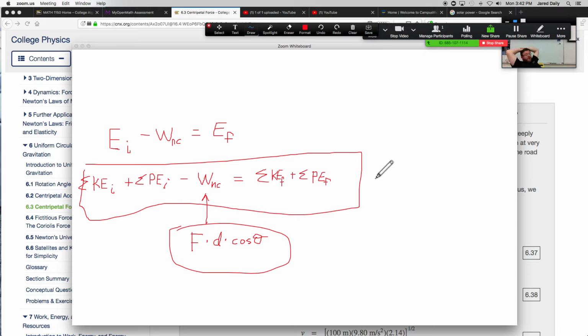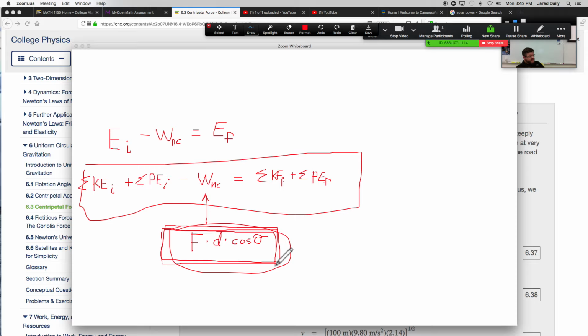Now, when it comes to work, remember that this equation is always valid. For work, what is the cosine of 90 degrees? Zero. So if your force is going one way, if you're getting pulled in one direction, but you're going another direction, what is the work being done on you?